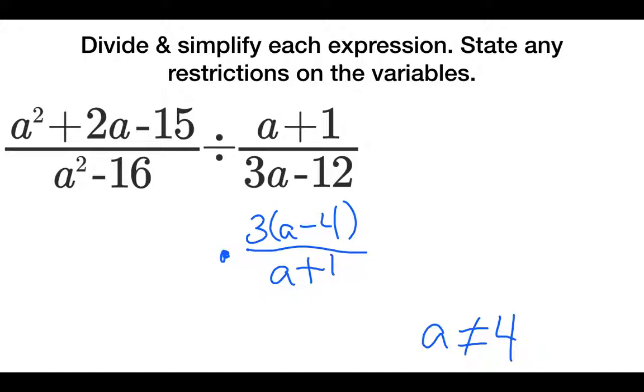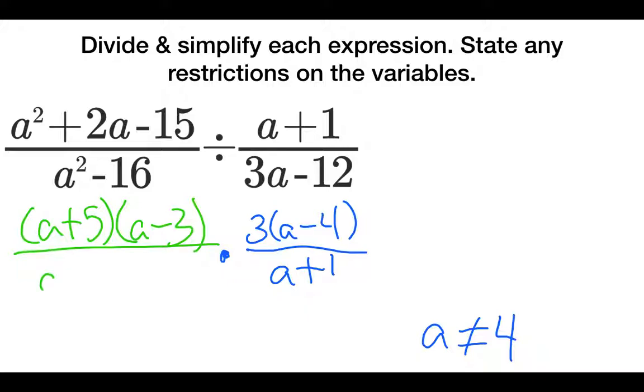Now let's talk about the other side. So a squared plus 2a minus 15. Two numbers that multiply to be 15 and have a difference of 2 become a plus 5 and a minus 3, all over a plus 4 times a minus 4.